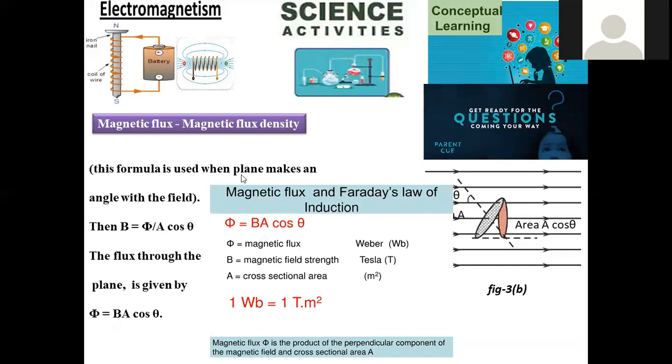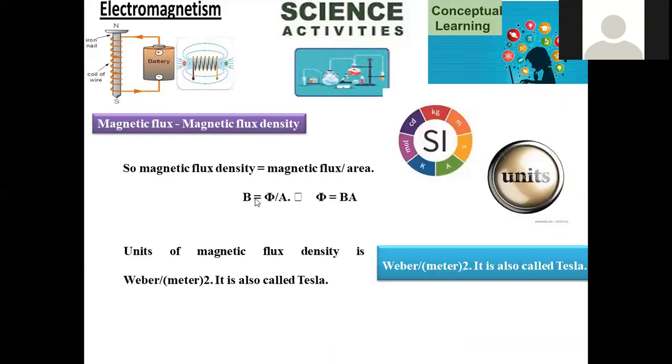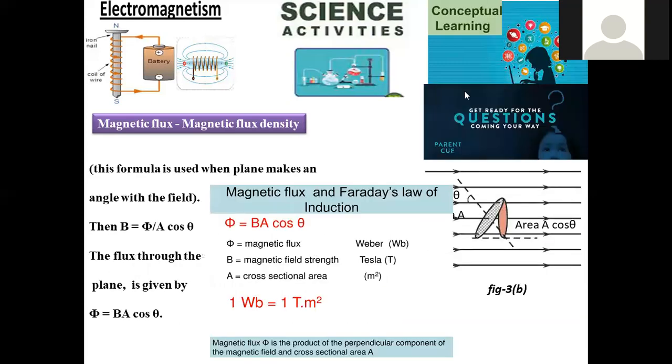Now, this is the formula used when the plane is taken at an angle with the field. So when angular inclination is present, this is taken into consideration. Otherwise, the normal formula is B is equal to phi by A, in turn written as phi is equal to BA. Now, when it is in the slanting position, we need some correction.